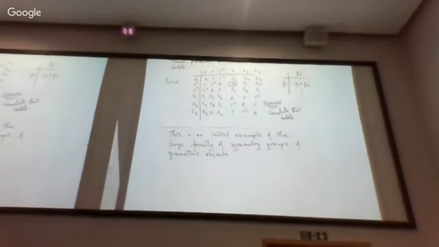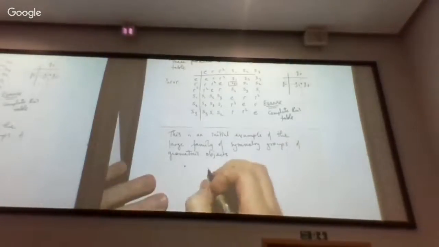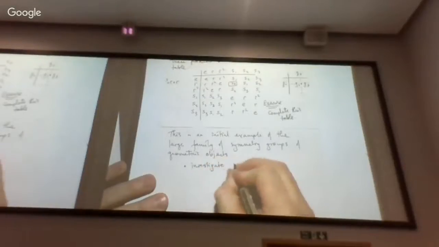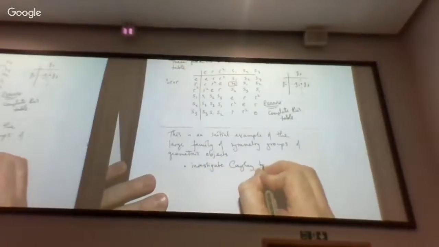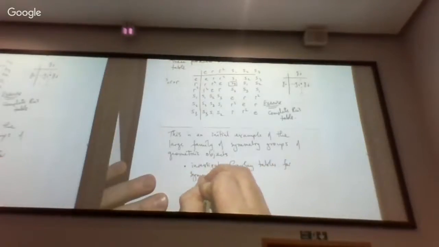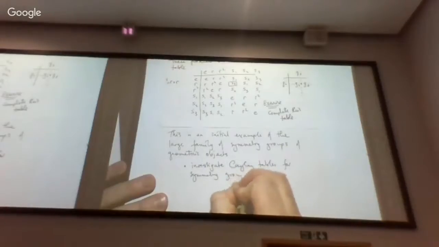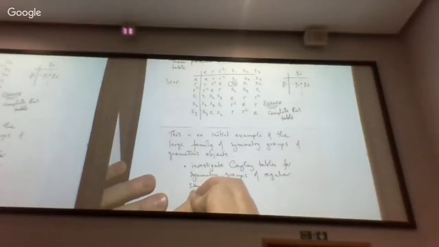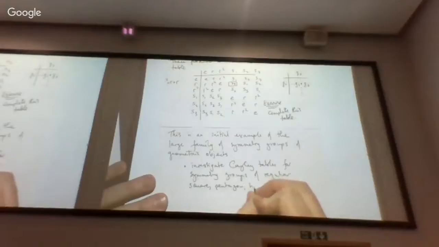Okay. So, as an exercise that you're prepared for, you can begin straight away without any further theory: investigate the Cayley tables for, in similar fashion, symmetry groups of the regular square, pentagon, hexagon, and so on.